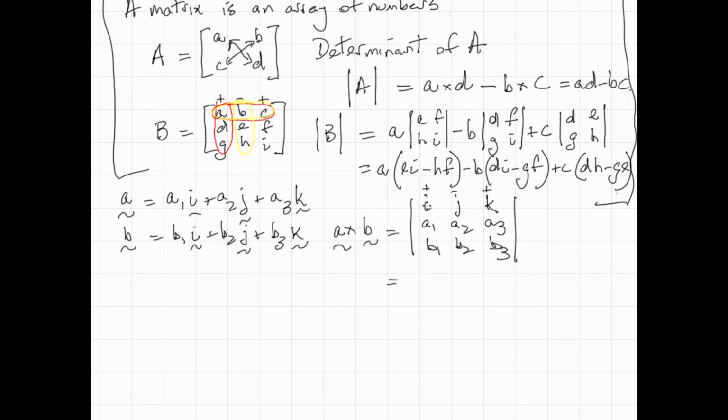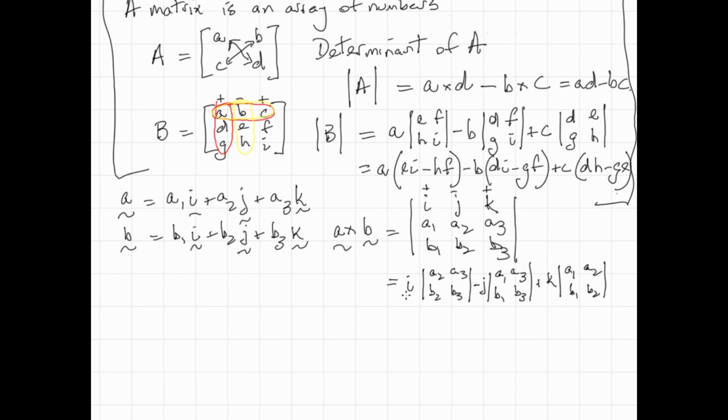What's the one we take out first is the i. i is in the first column, first row, so we've got A2, A3, B2, B3, minus j, takes out the second column, top row, so we've got A1, A3, B1, B3, plus k, and k will take out the last column and the first row, so we've got A1, A2, B1, B2.